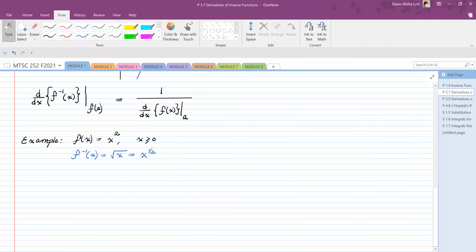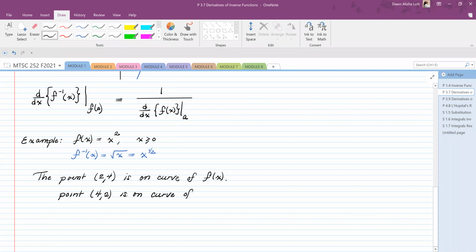Now the point 2, 4 is on the curve of f of x, and the point 4, 2 is on the curve of f inverse of x.